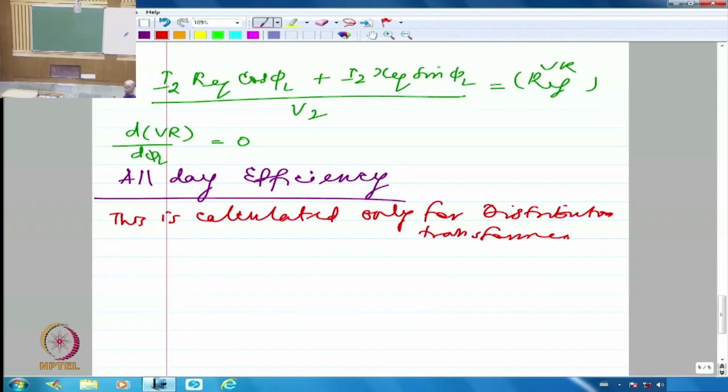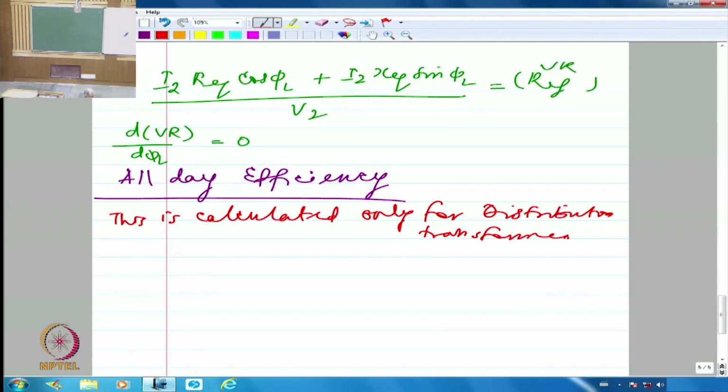Because it has a variable load, it's very difficult to say at what point you have to design it for maximum efficiency. That's the reason why, when you want to install a distribution transformer, you tend to look at the load profile in that area, in the distribution area.